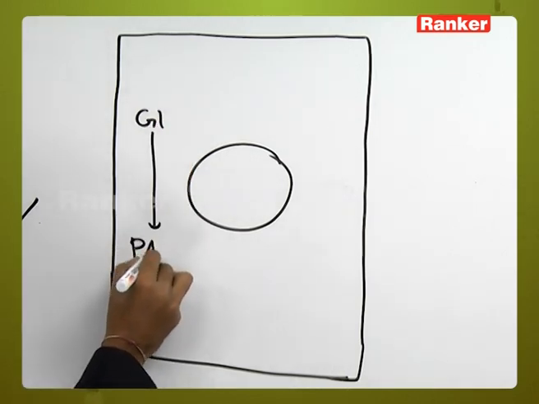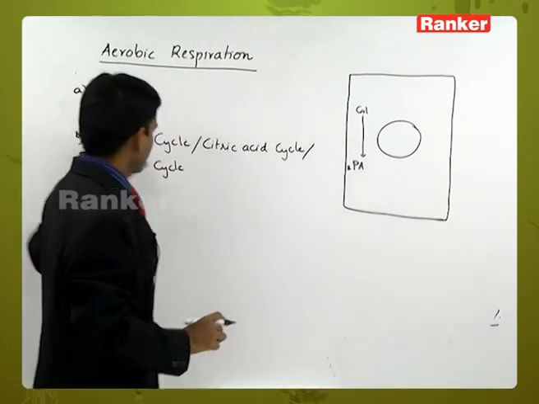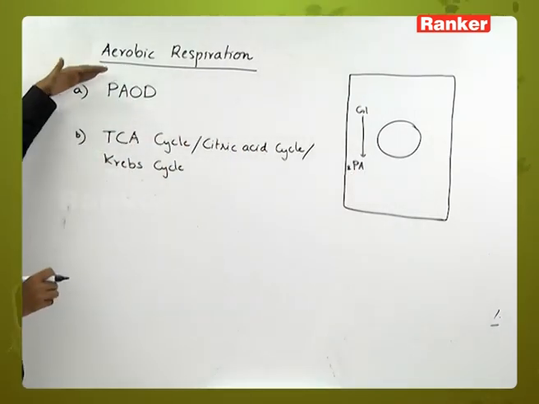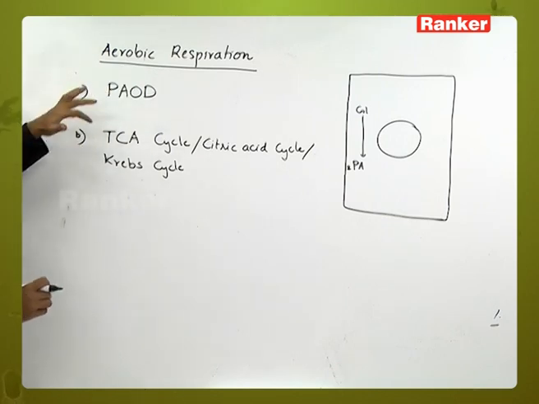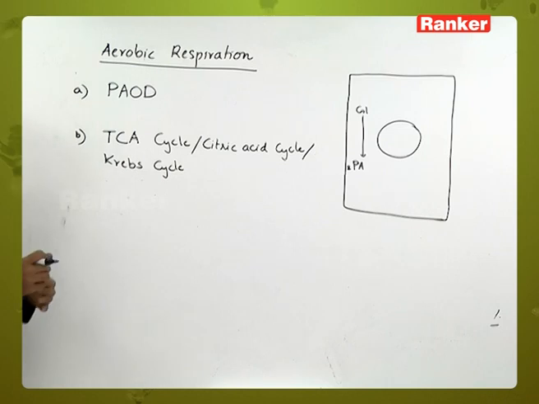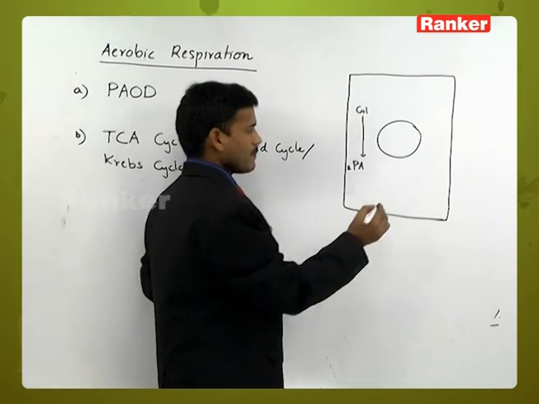But in aerobic respiration, the two steps, pyruvic acid oxidative decarboxylation and the TCA cycle, and the next step also, all take place in the mitochondria.